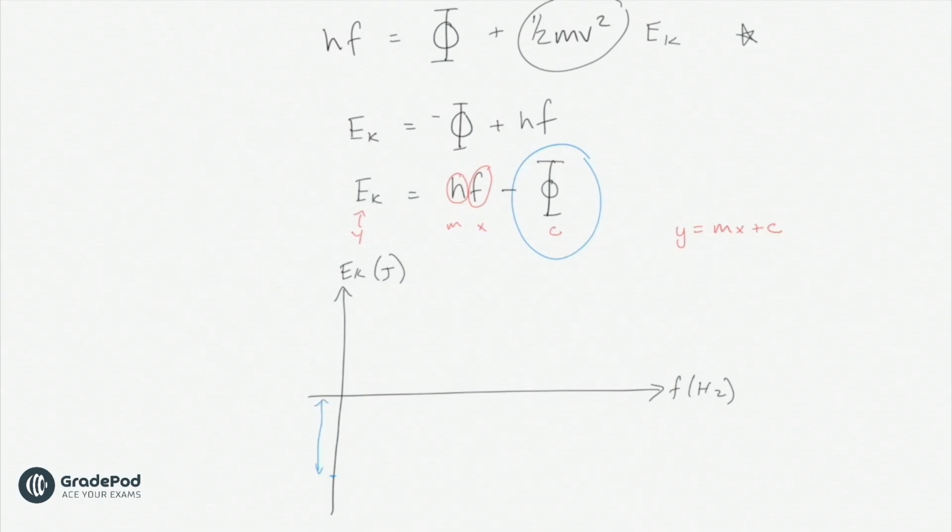So the line's going to look like that. So if we take a particular metal and you plotted the kinetic energy of the electron against the frequency of the incident radiation, you'd find a line that looked like that. And the gradient would be h, which is a constant. That's Planck's constant.